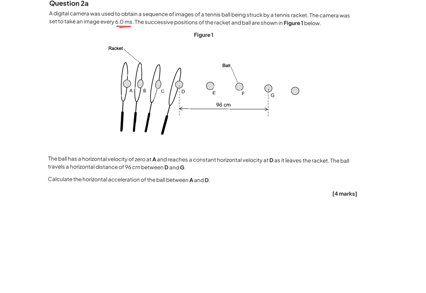So we're going to need to know its initial velocity, which we already know, it's just 0, and its final velocity. So we need to work out its final velocity at D, and we can do that using speed equals distance over time. So the distance that it's gone is 96 centimetres, so I'm just going to put that into meters to make it easier. 0.96 meters, so just under a meter.